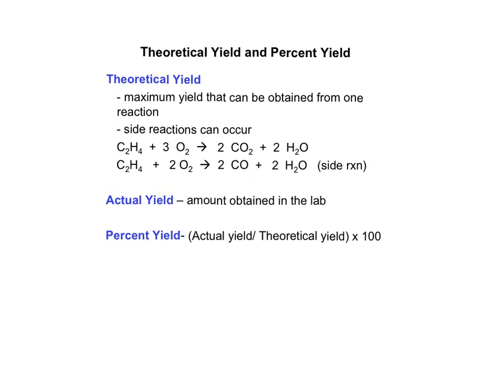And so carbon monoxide could be considered a kind of impurity formed during the reaction, and it will decrease your yield of CO2. So you might end up with an 80% yield versus a 100% yield if this side reaction were not occurring.